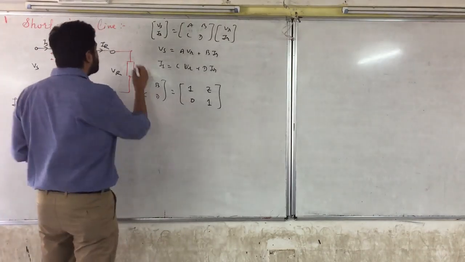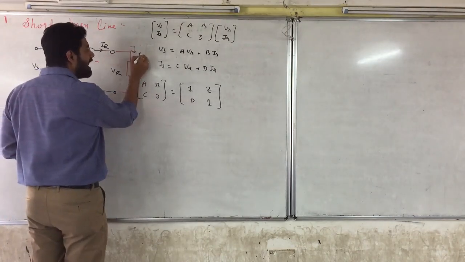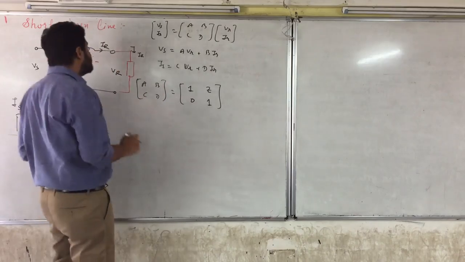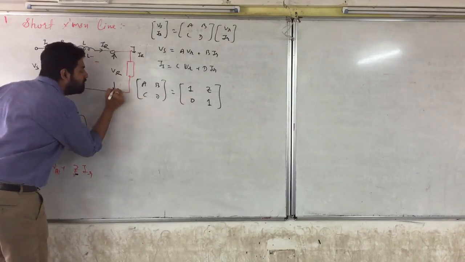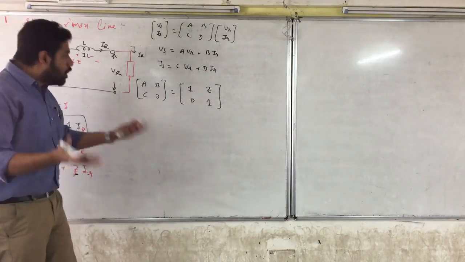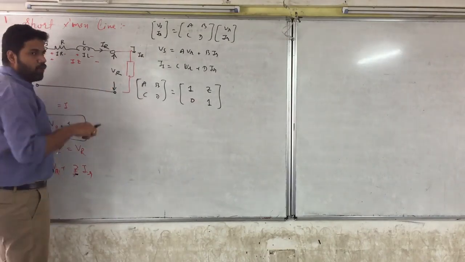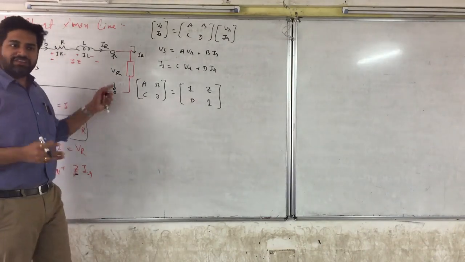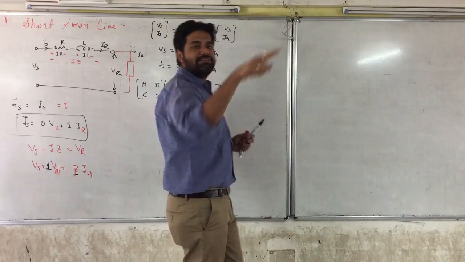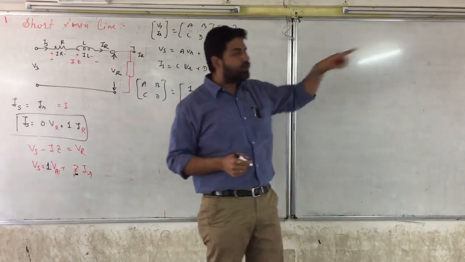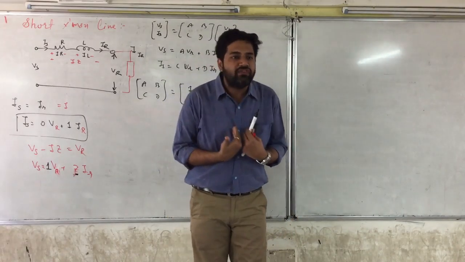Okay, so here if I consider that the load is connected like this, the current I have, that is IR, is considered with respect to VR. The load is getting some voltage which is VR, the receiving end voltage. I am getting some voltage over here, say 230 volts. That is my reference.